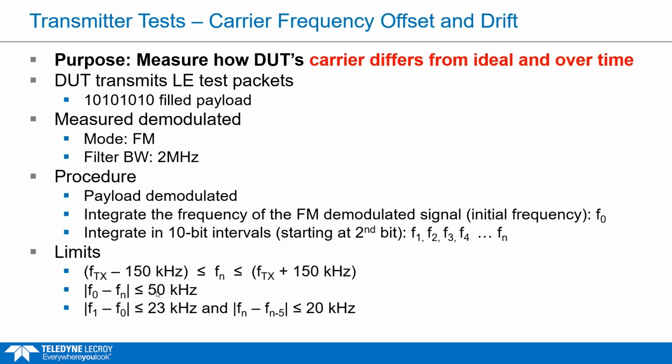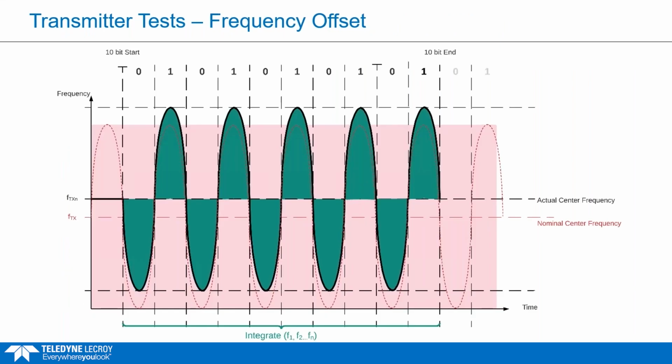Your first offset's got to be within 50 kilohertz of the nominal frequency. And then we're checking the deviation between the first and second 10 bits, which has got to be within 23 kilohertz. And then every fifth bit has got to be within 20 kilohertz. So that gives us our drift over time. And again, this should be clearer in the slides following.